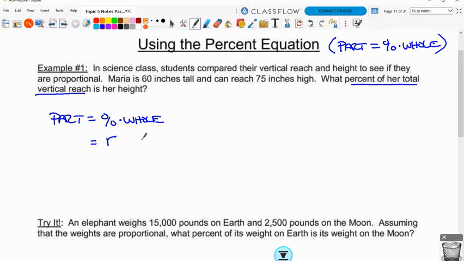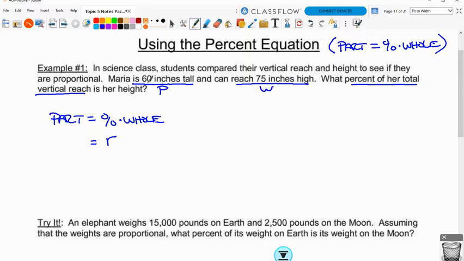She can reach 75 inches high. This right here is going to be the whole amount. Again, we find a percent of the whole. And Maria is 60 inches tall. That represents the part. Remember, that word is usually attached to the part.